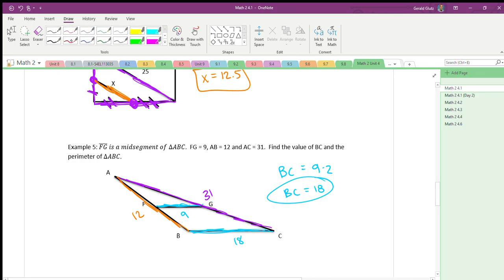The perimeter is just all the outside lengths added together. So perimeter would equal 12 plus 31 plus 18. 12 plus 31 is 43, plus 18 would be 61. I don't think it gives us units, so I'll just put units. That's how you find the perimeter of example 5.